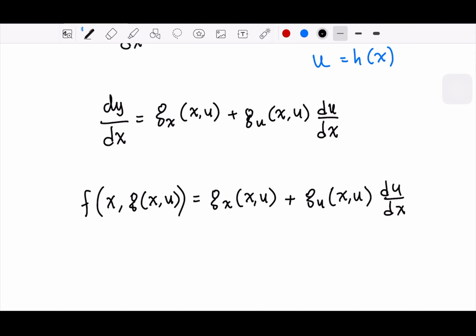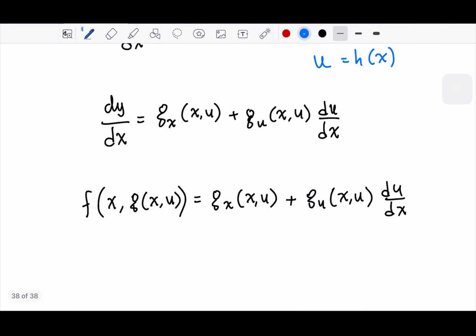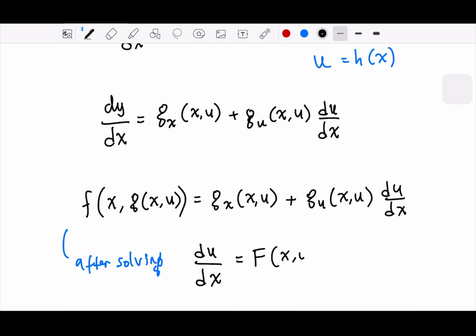After solving, we're going to see that du over dx will be some function, let's say capital F. We are not sure what kind of function, but we just call it F, of x and u.